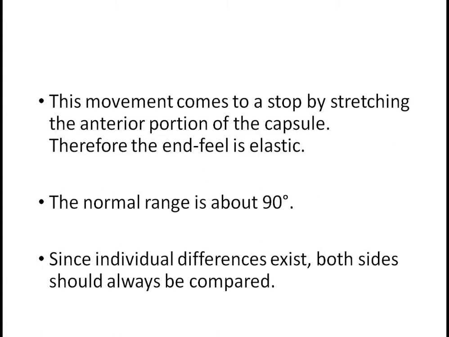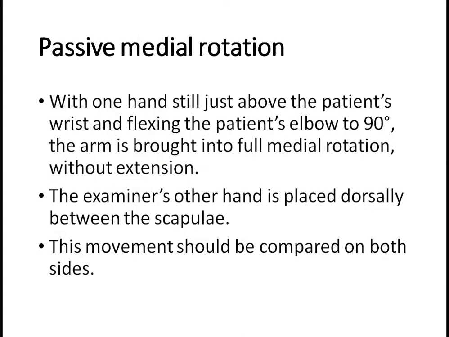If a simple tendinitis of the subscapularis is present, that will not cause any limitation to the movement, but this disorder, this tendinosis of the subscapularis, may render it very painful. The next is the passive medial rotation, the third passive test of the glenohumeral joint.